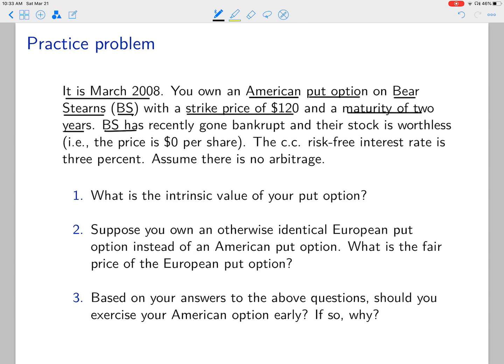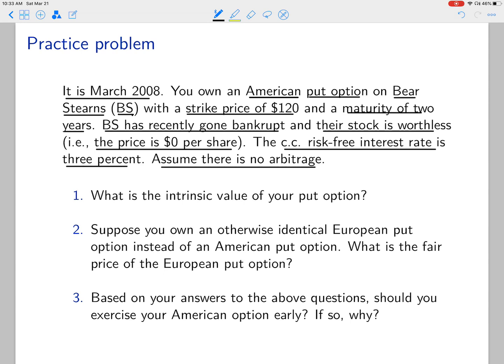Bear Stearns has recently gone bankrupt from their holdings of subprime mortgage-backed securities and their writing of credit default swaps, and their stock is now worthless. That is, the stock price is $0 per share, and it is never coming back. The continuously compounded risk-free rate is 3%, and assume there is no arbitrage.